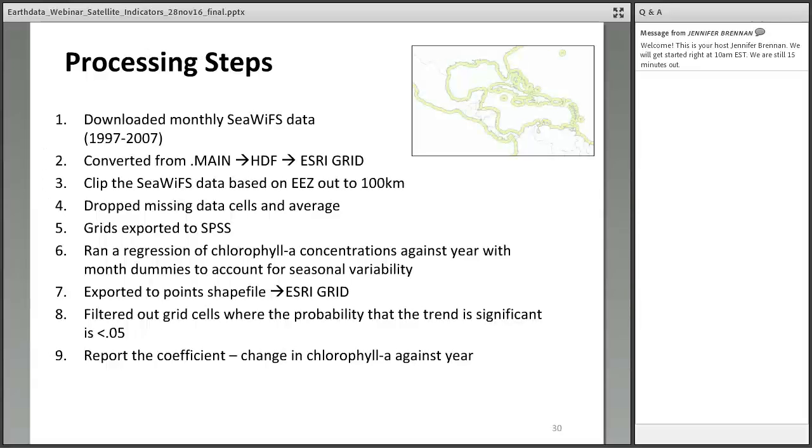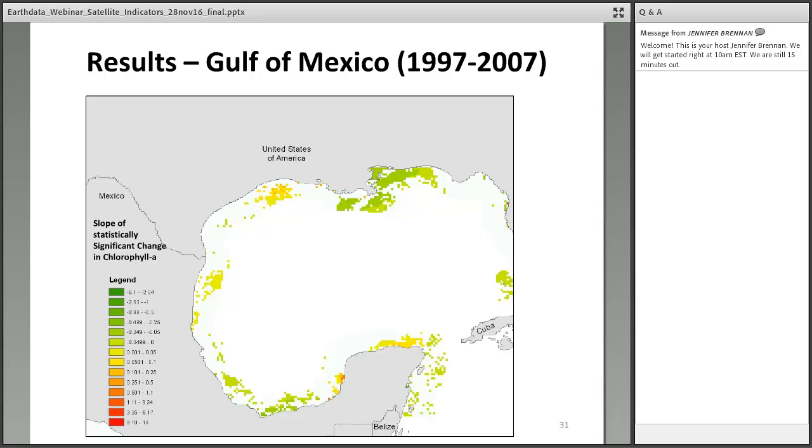We exported the grids to SPSS, which is statistical processing software. We ran a regression of the chlorophyll A concentrations against the year with month dummies because we wanted to account for seasonal variability, which is very high in the coastal zone. And then we exported the statistical data back out to a points shapefile, converted that to grid so that we could map the data, and we only mapped those areas where there's a statistically significant trend in the coastal zone. So these are some example outputs.